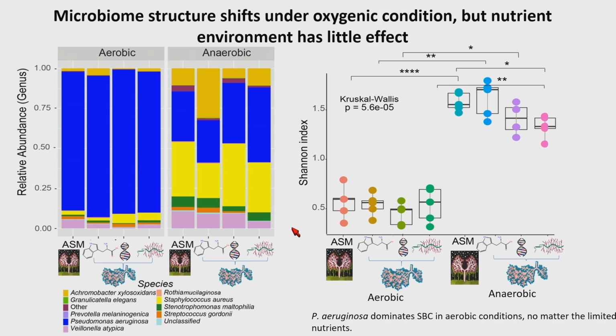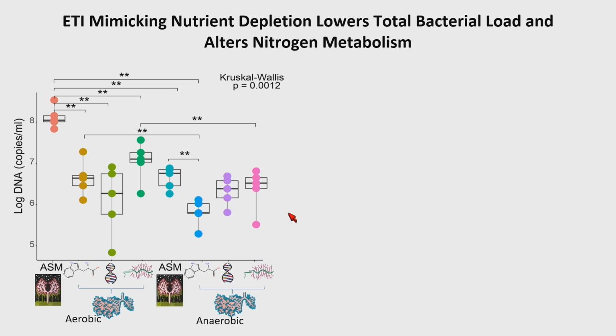However, when we look deeper at the physiology, we found that ETI-mimicking nutrient depletions lower total bacterial load and alter nitrogen metabolism. As you can see here, the nutrient that most affects the total bacterial load in this synthetic bacterial community is low amino acid in the artificial sputum media.